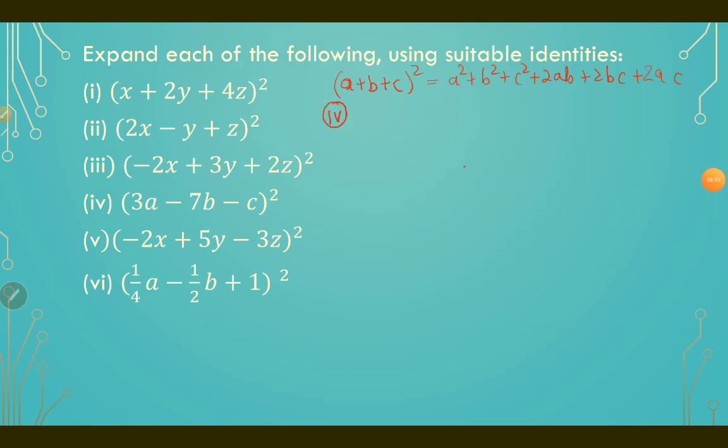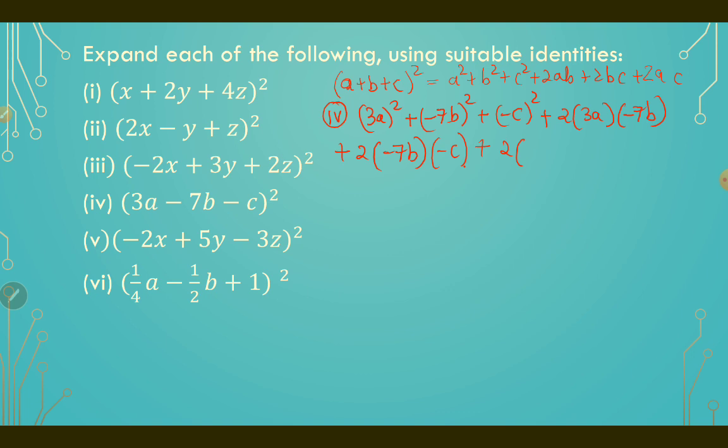The fourth one is also the same identity. (3a) the whole square plus (minus 7b) the whole square plus (minus c) the whole square plus 2 into 3a into minus 7b plus 2 into minus 7b into minus c plus 2 into minus c into 3a.